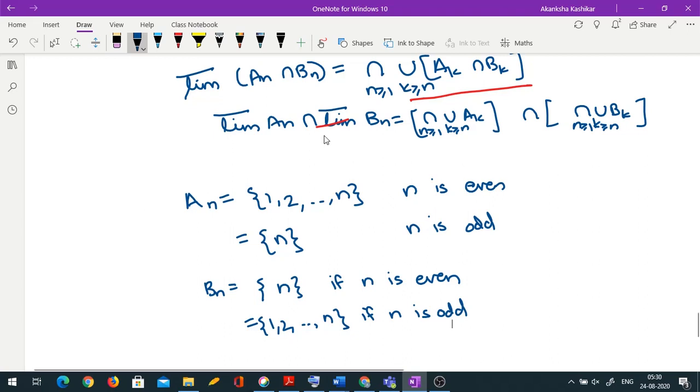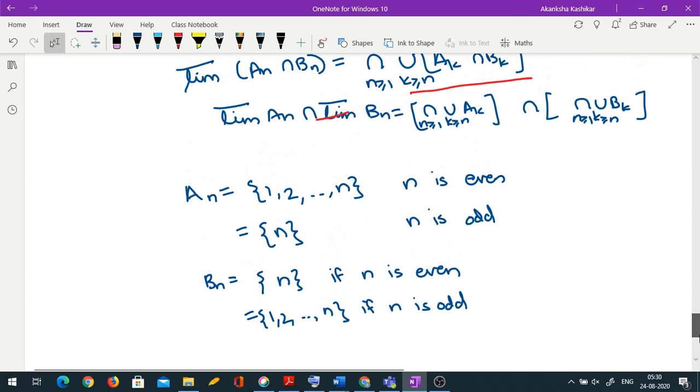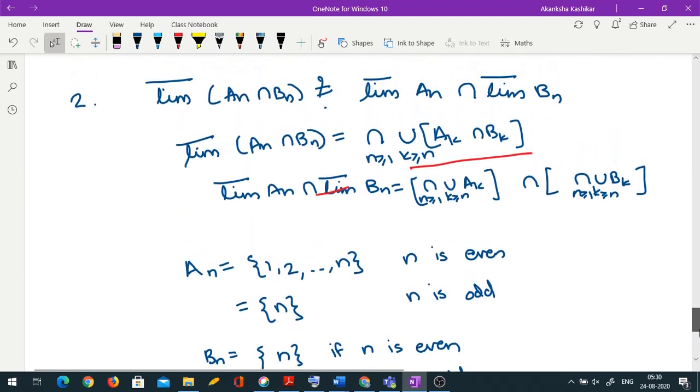Okay, just write down what is A1, A2, B1, B2, and it will be more clear. So we will first try to compute An intersection Bn, then we'll take its lim sup, and then similarly we'll try to compute these and check if they are unequal.